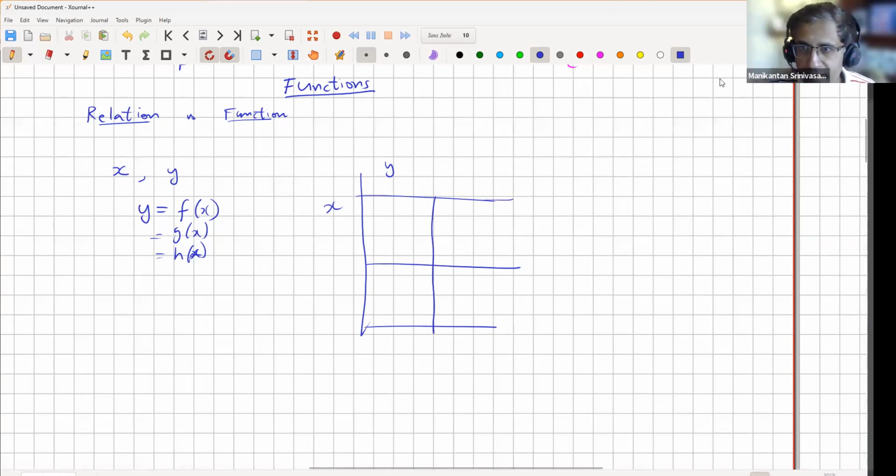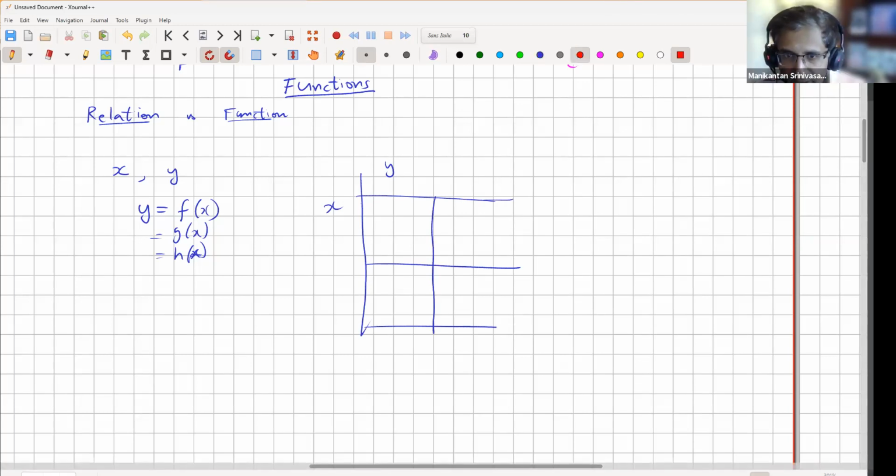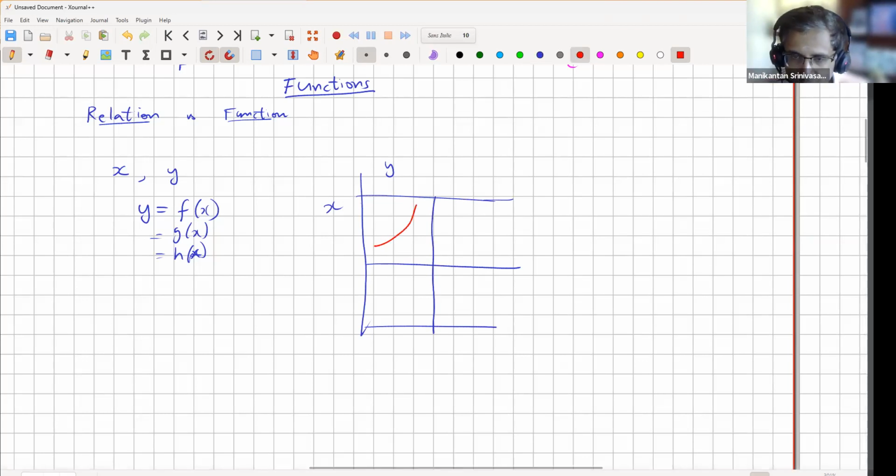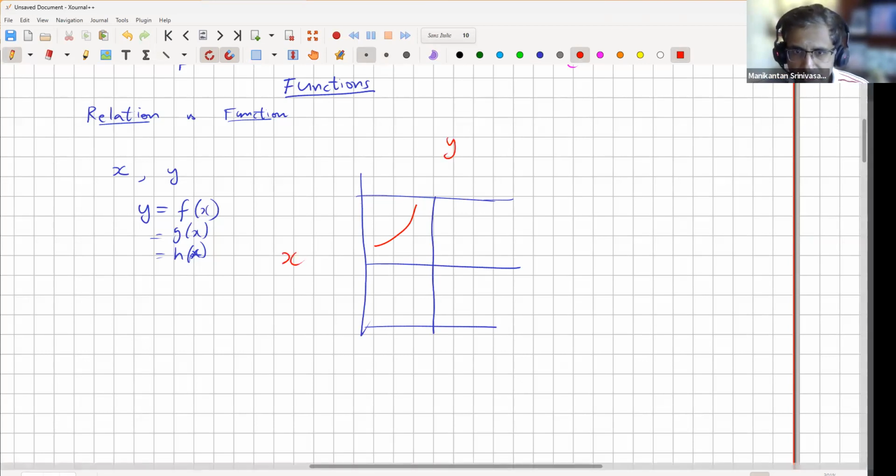Suppose my graph is something like this. Now for every X, you have a unique Y, right? So this is one-to-one. For every X, there's only one Y, and for every Y, there's only one X.